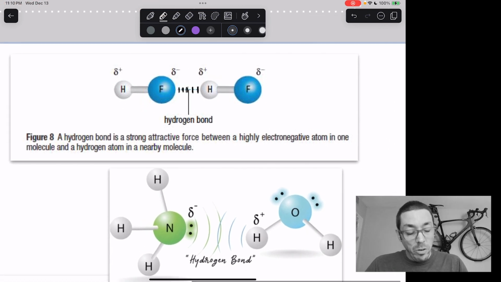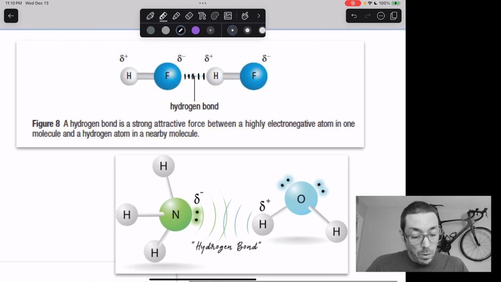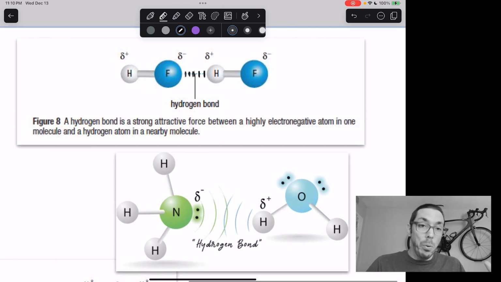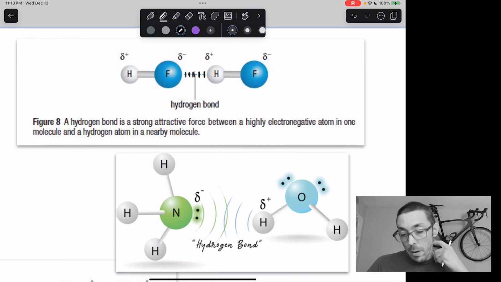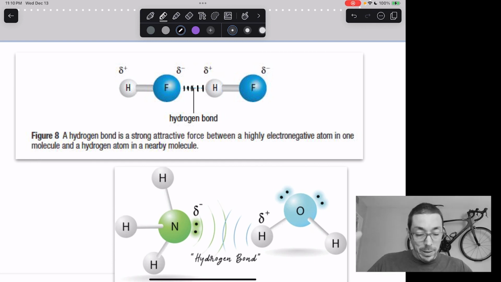And since hydrogen is bonded to F, that means it qualifies as being a hydrogen bond. So hydrogen bonds are dipole-dipole interactions, but they are just a step above because they have that extra big difference between the slightly negative and slightly positive side of the molecule. It just makes for an even tighter attraction.